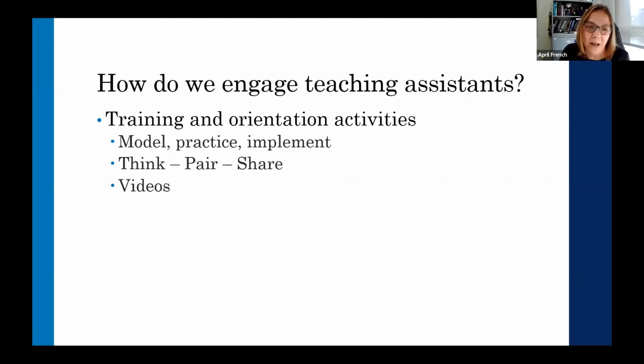That way TAs can go back and view it when they're ready, whether that's right before lab or when they have discovered some kind of problem, and say, hey, I can apply this teaching method to this situation, and use that as an example to take with them to their own lab.